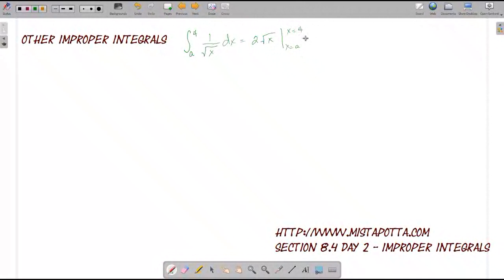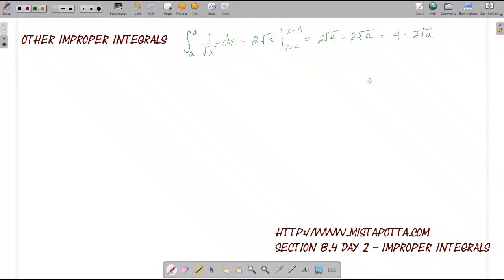And this is something I can substitute in fairly simple. I'm going to have 2 times the square root of 4 minus 2 times the square root of a, and this ends up being 4 minus 2 radical a. So pretty straightforward substitution.